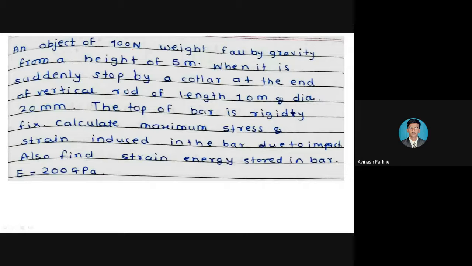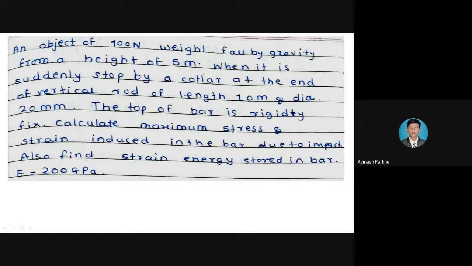So one object is falling from a certain height due to gravity, because whatever load is falling is always in the downward direction, as the self weight of that body is always downward. So the load is given, a movable load of 100 Newton. Then its falling height is 5 meters.